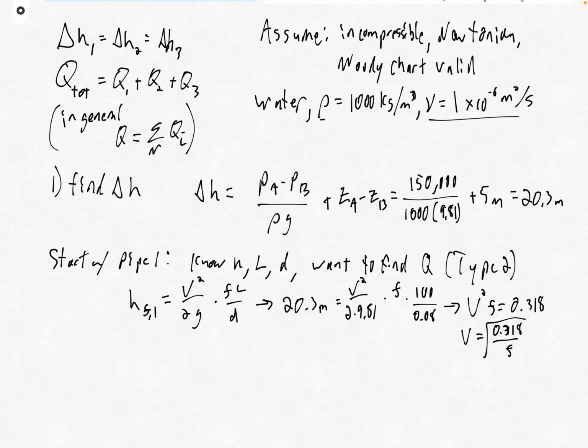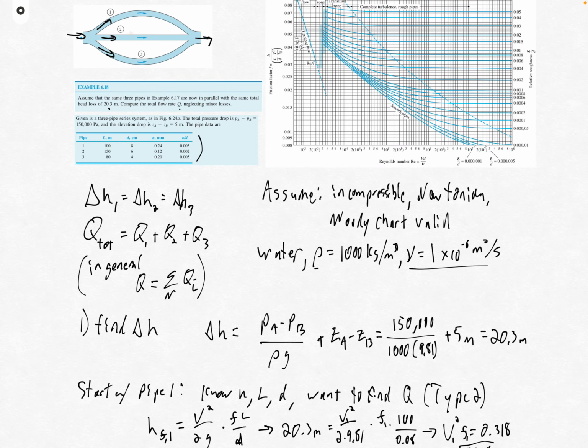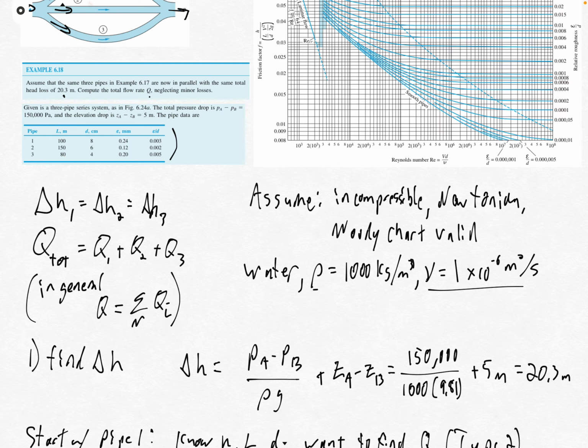So now we have to start with a guess for f1. Let's put our subscripts on there so we don't forget, because we have a few of these things to solve. A good place to start for f1 would be the fully rough solution. So we're going to come up here. We note that we have epsilon over D of 0.003.